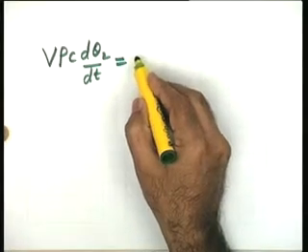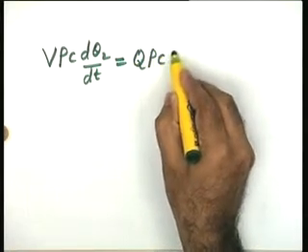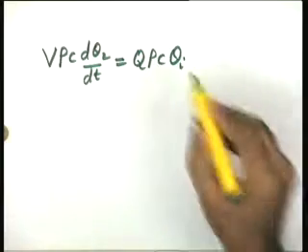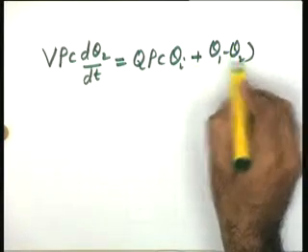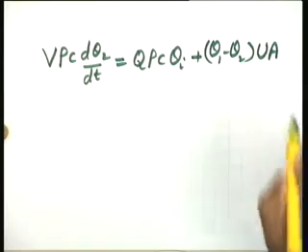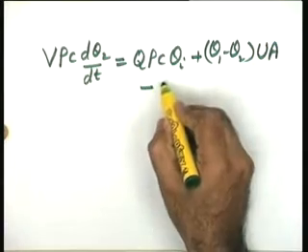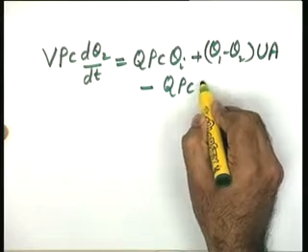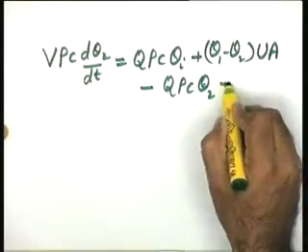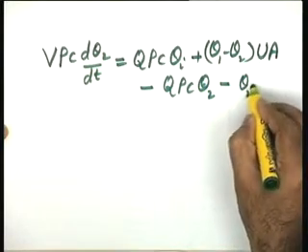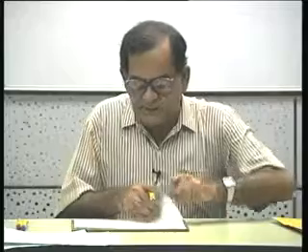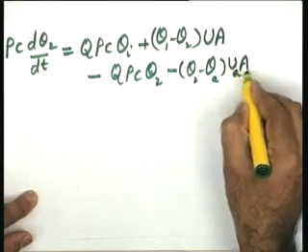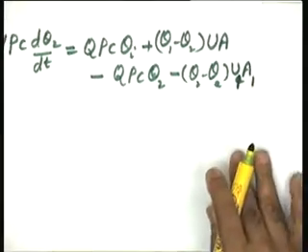The sources are going to be Q rho C theta I plus theta 1 minus theta 2 U A minus Q rho C theta 2 minus, it is going to be theta 2 minus theta A into, let me say, just to make it different from U A, let me make it U 1 A 1, or U A or U 1 A 1 is all right, there is no problem.